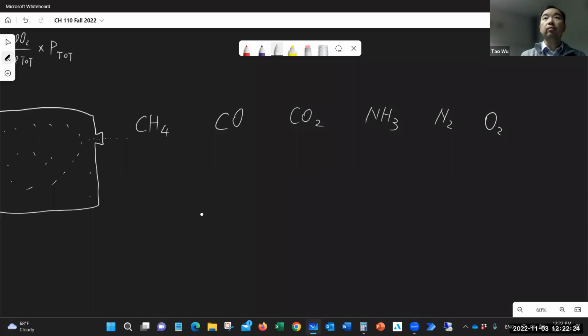Which one will go fast? The lightest one. Which one is the lightest? Then what are you going to do? Then you count the molar mass. Which one has the smallest molar mass? Then you need to calculate, right? Go ahead.